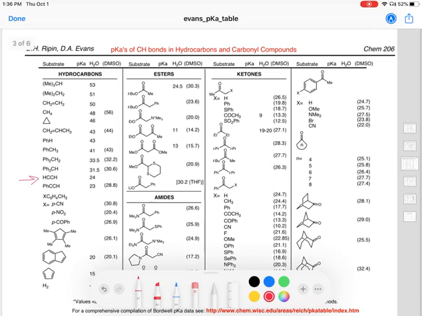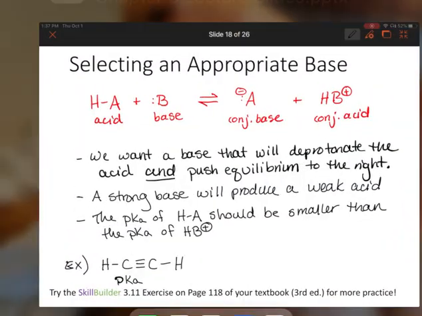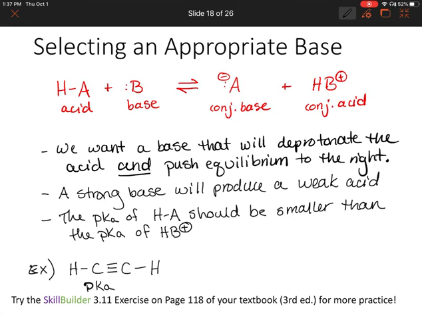So we have HCCH, so that is acetylene. And its pKa is listed as 24. Some tables will list it as 25. It doesn't really matter. Either one's fine, as long as it's somewhat close to the actual pKa. Okay, so let's go back to our PowerPoint, and we'll write down that the pKa of acetylene is 24.